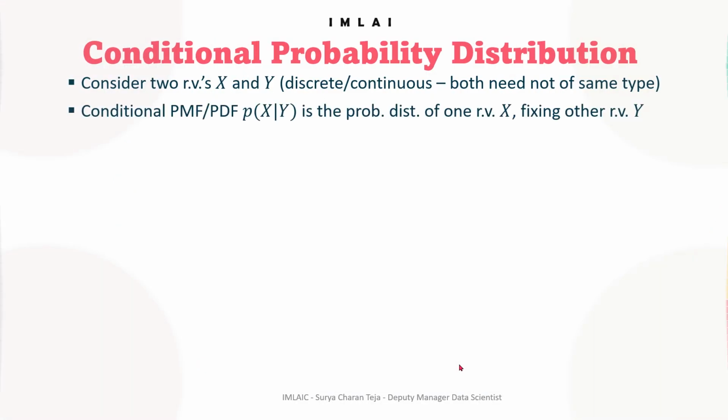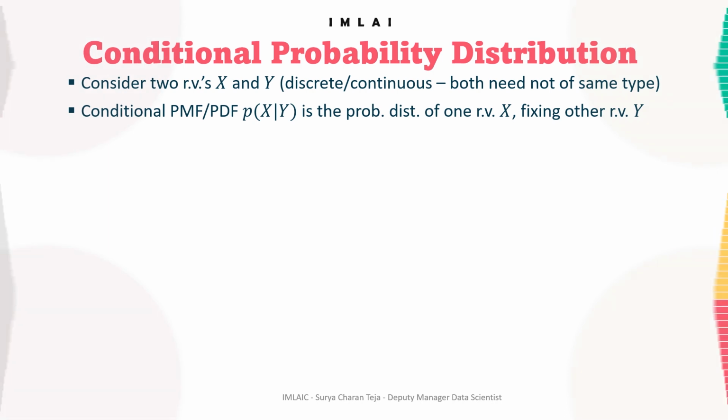So consider two random variables, capital X and capital Y. They can be discrete or continuous, or both, and need not be of the same type. It could be one discrete and one continuous, or two continuous, or two discrete. It's okay.